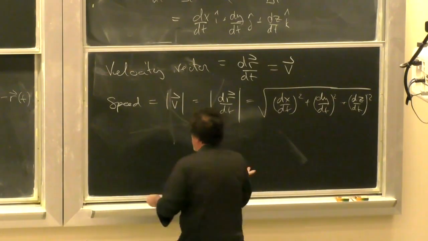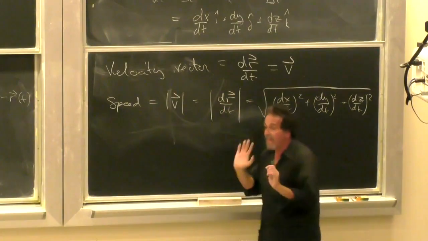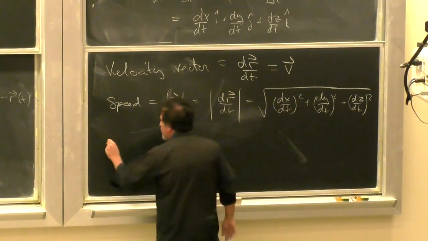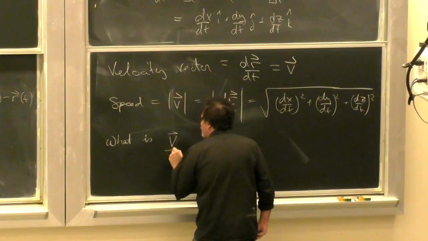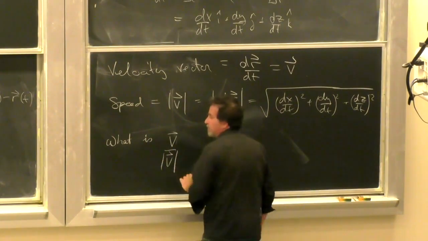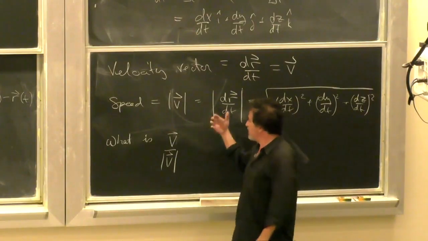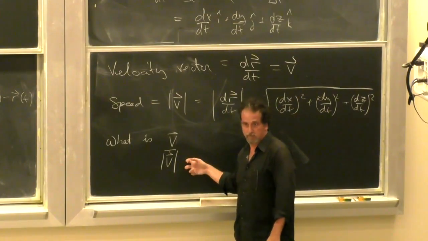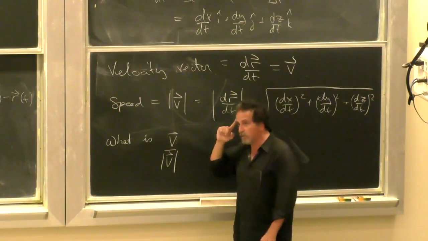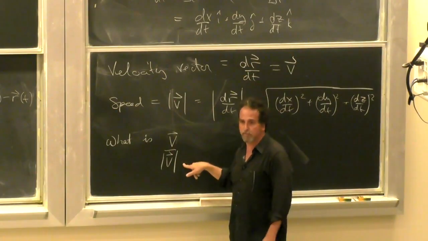Of course, there are cases where it does go to 0, but the last thing to ask is, what is v vector divided by the magnitude of v vector? This is a vector. This is a scalar. Consider units. Meters per second divided by meters per second.